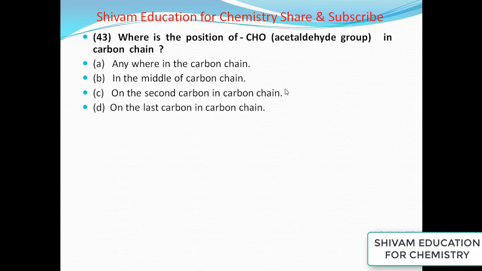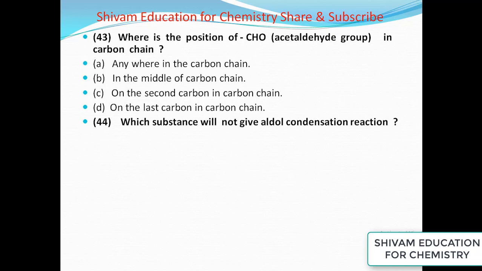Then we are knowing very well, as when we write CH3CHO, तो कार्बन की पोजीशन एल्डिहाइड के कार्बन की पोजीशन होगी लास्ट में, बट हम लिखेंगे नंबरिंग फंक्शनल ग्रुप का देंगे तब उसकी पोजीशन होगी फर्स्ट. सो आंसर ऑफ दिस क्वेश्चन विल बी D, on the last carbon in carbon chain. Acetaldehyde will be last carbon in a carbon chain.